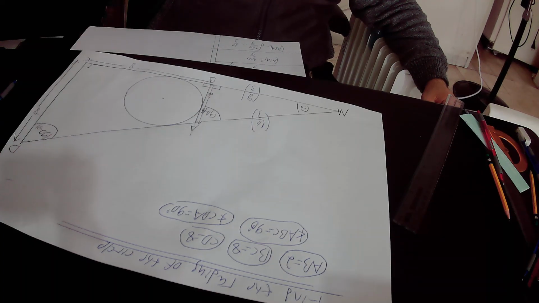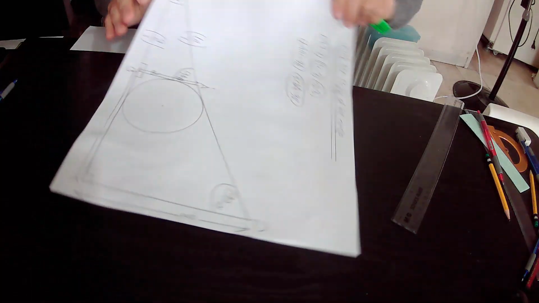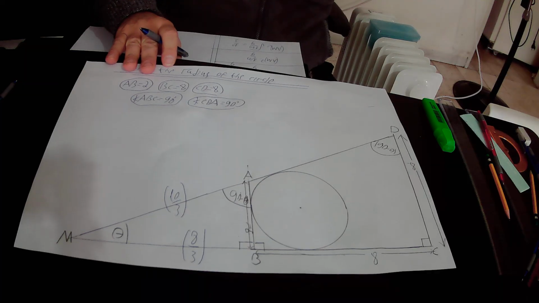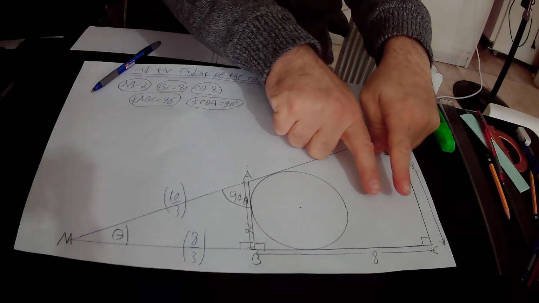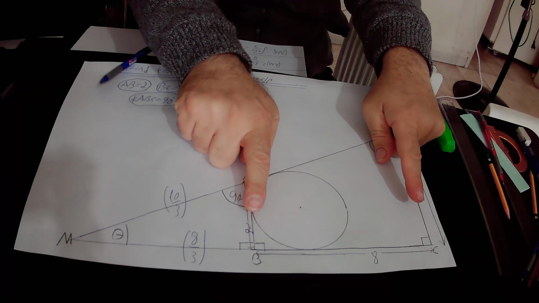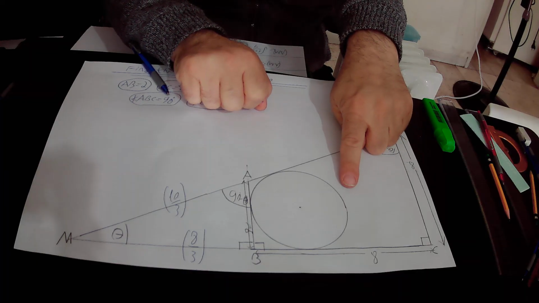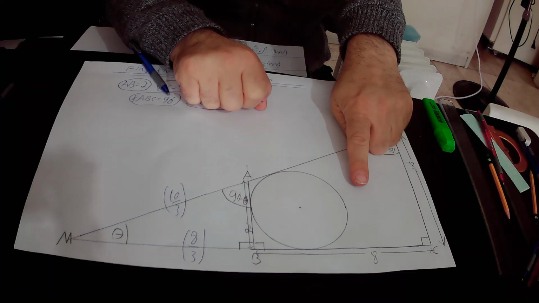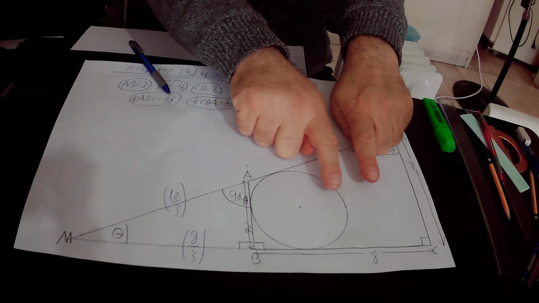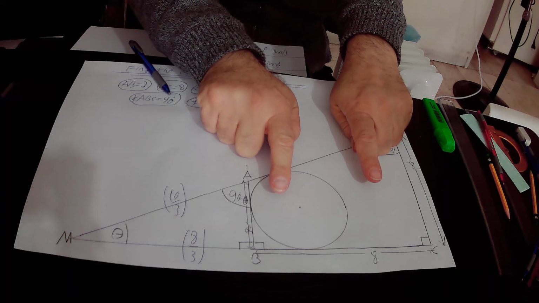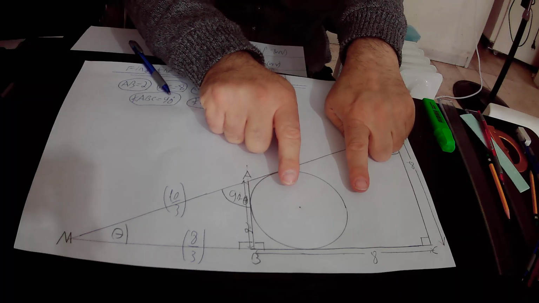In the next step, we will do another construction. That is to say, we will draw a perpendicular on side BC in such a way that the perpendicular on BC will also be tangent to this circle. It is absolutely possible to do it because we can draw the perpendicular on BC at any point on BC.